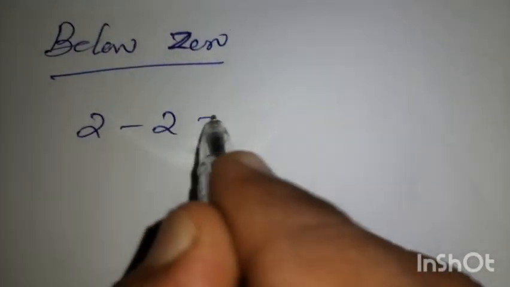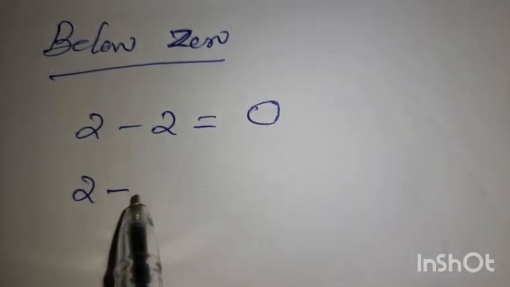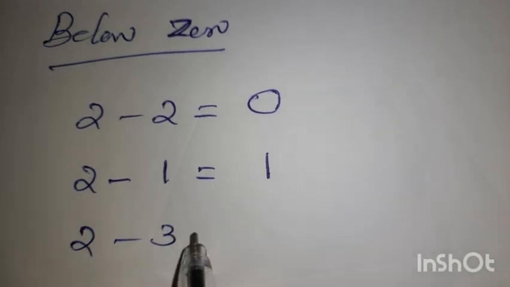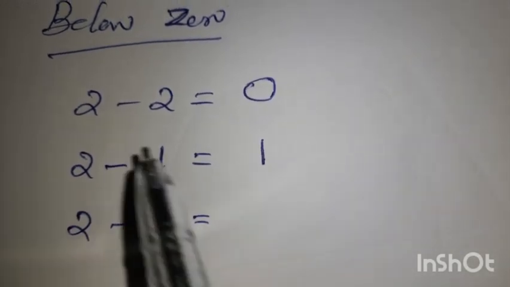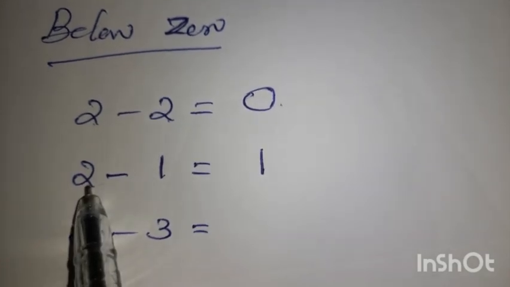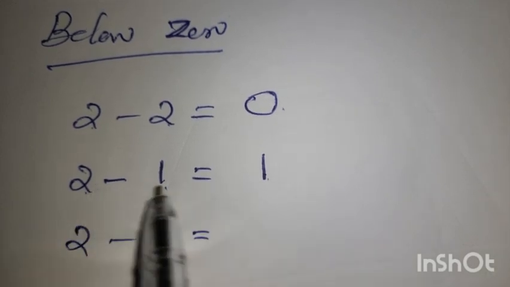2 minus 2, what is the answer? It is 0. Then 2 minus 1, what is the answer? 1. Same number if you subtract, you will get 0. If you subtract a lower number from the higher number, you will get 1 here. 2 minus 1 is 1.